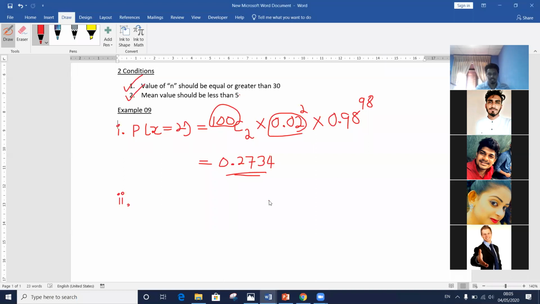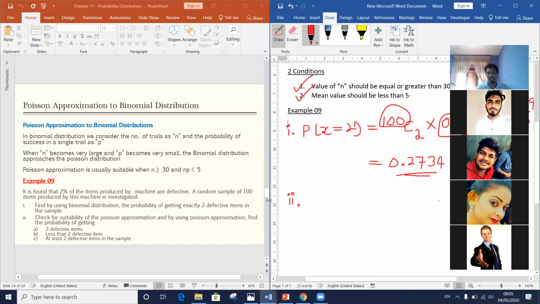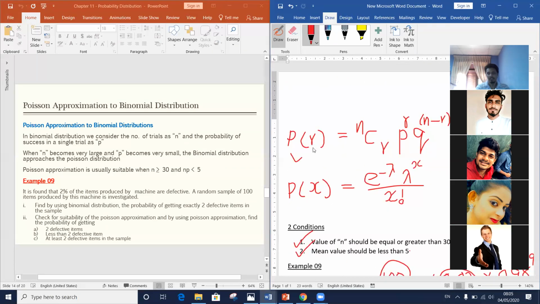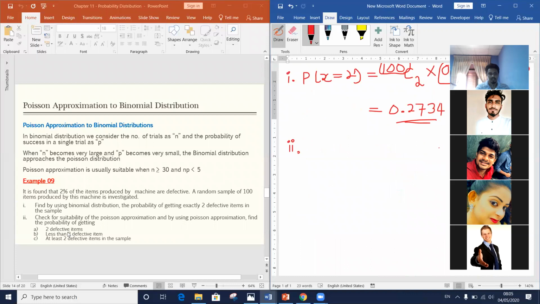Both conditions have been satisfied, so we can use this formula, and we can find probabilities using this formula as well. Right. So we have checked the suitability. It is suitable to use both probability formulas, and by using Poisson approximation, find the probability of getting two defective items.